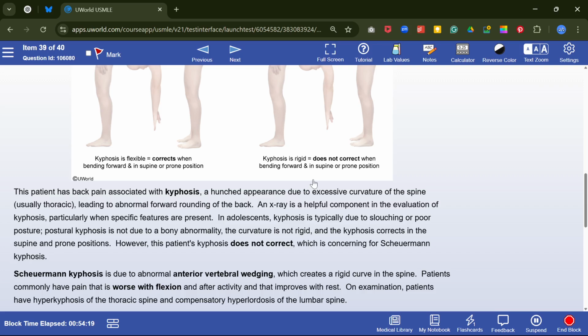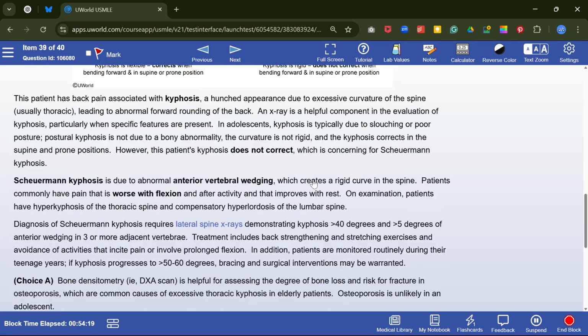Scheuermann kyphosis is due to abnormal vertebral wedging, which creates a rigid curve in the spine.